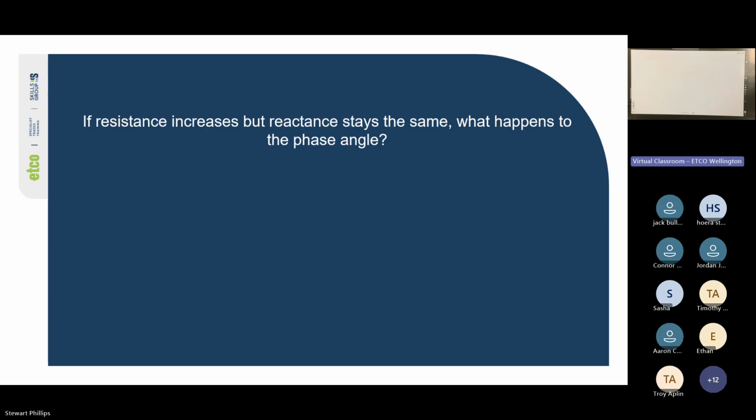Yeah. So basically, the phase angle will decrease because that bottom is getting longer than the upright.